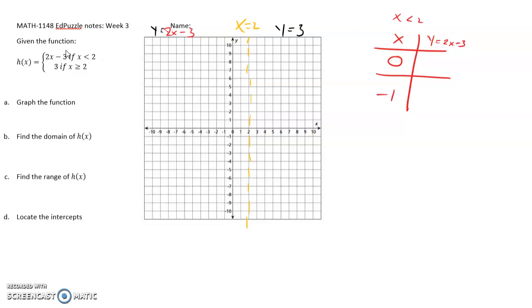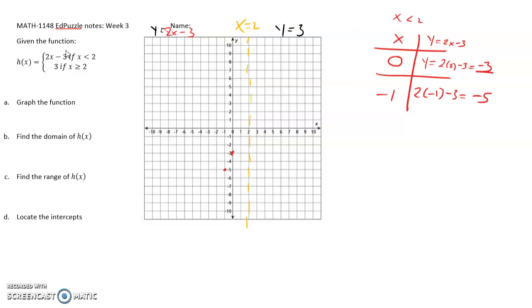If I plug 0 in here, I get y equals 2 times 0 minus 3, which is negative 3. So we know the point (0, -3) is on this graph. If we plug negative 1 in, 2 times negative 1 minus 3 is negative 2 minus 3, which is negative 5. So we've got these 2 points.